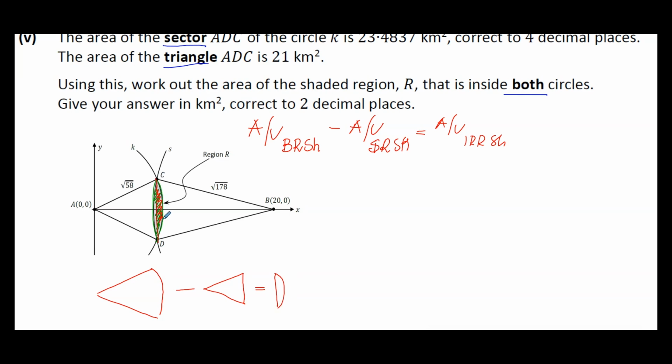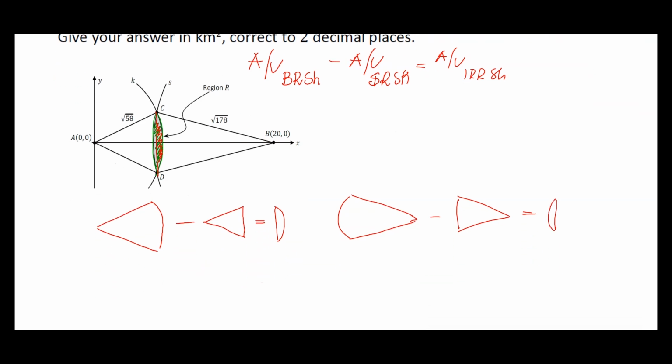That's what I will be left with, and that's what I'm looking for. So following the same logic, if I'm looking from the other side, then it will be the bigger sector minus the bigger triangle. And that will give me the other part, isn't it? And when I add them, I have that.